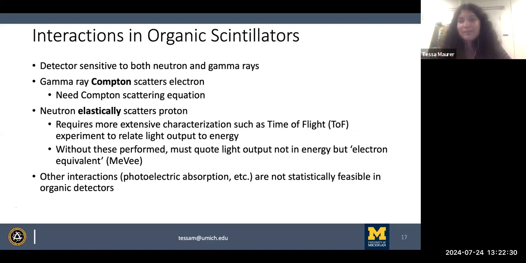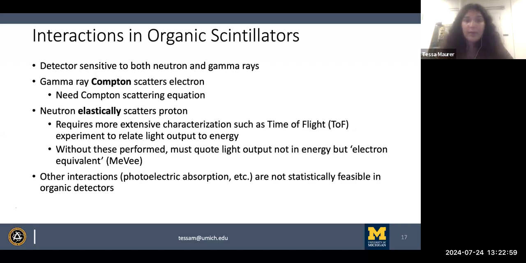And so this is not quite so straightforward as Compton scattering, which I know you've heard about in the earlier lectures. To get more of an idea of what energy the neutron was depositing on the proton, we need to do a lot more extensive characterization with something called a time of flight experiment, where we could relate the light that we're seeing from the scintillator light output to energy.